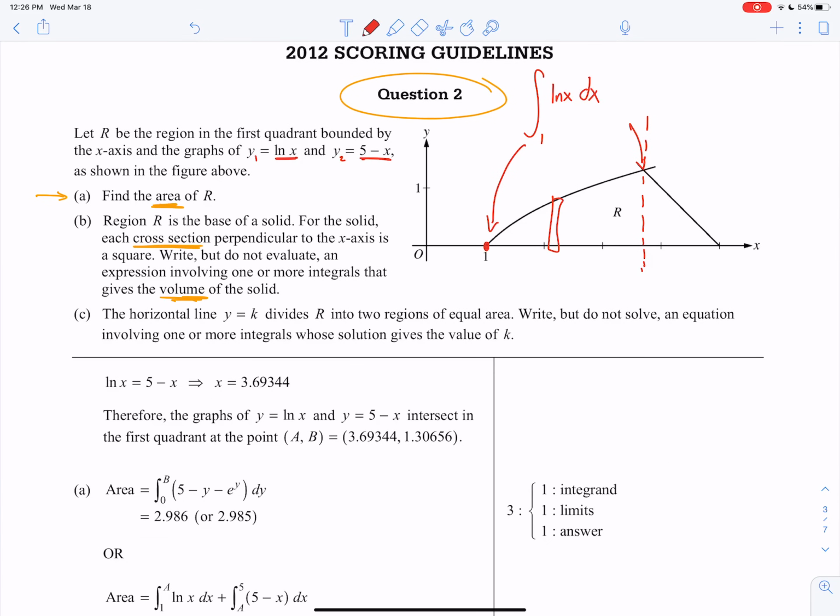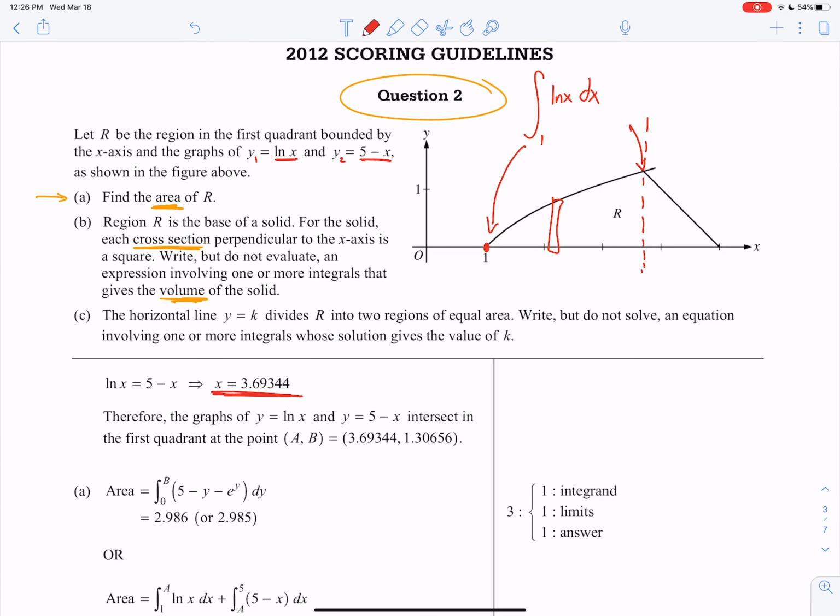The scoring guidelines indicate that it's about 3.693. Specifically at that point, but for this problem here, we would only need to use the x coordinate. So you could decide to write down the x value here, 3.69344, or you could store it by quitting and then pressing that STO button and allocating a variable to it.